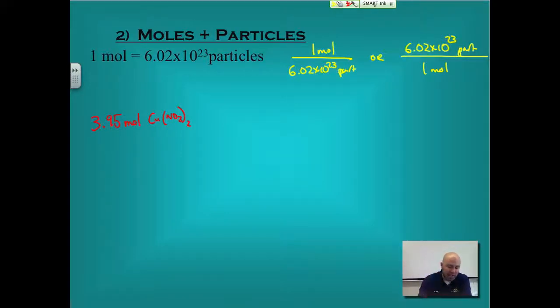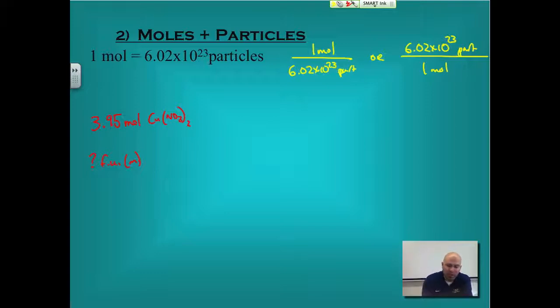But with this one, if I have 3.95 moles of copper nitrate, how many formula units is it? Because again, it's an ionic compound. I'm probably going to call it molecules most of the time as well, but formula units, okay?